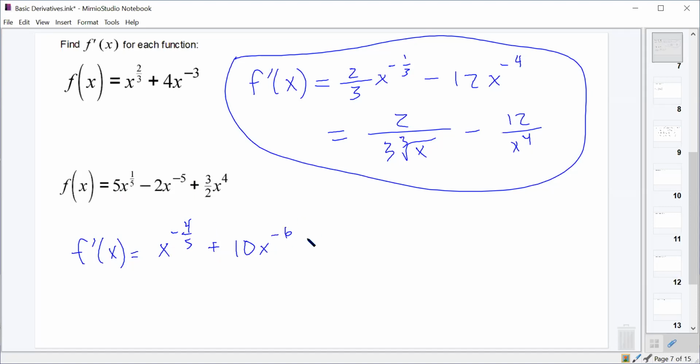Yep, and then the last one there. 6 times x to the 3rd. Perfect. So we could have written this as 1 over x to the 4/5, or the 5th root of x to the 4th, plus 10 over x to the 6th plus 6x cubed if we wanted to, but like I said, either one of those is a good answer.